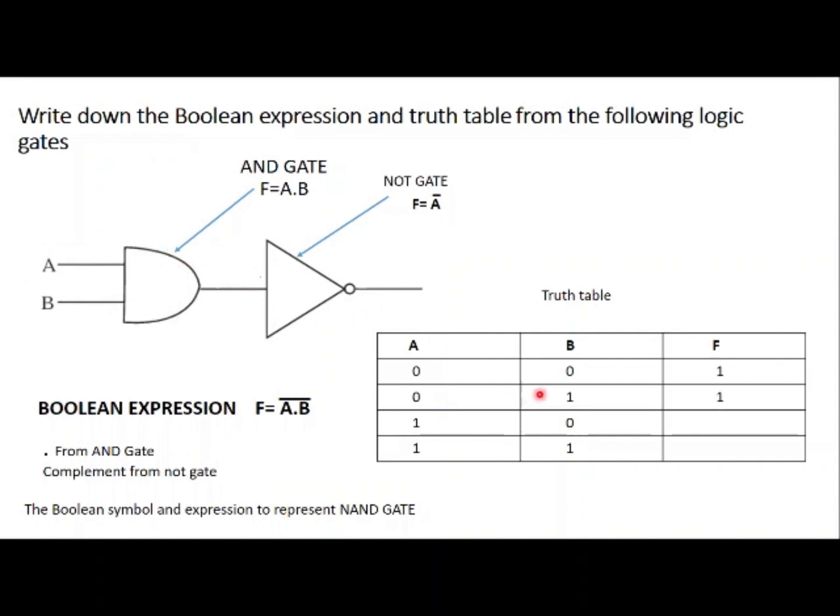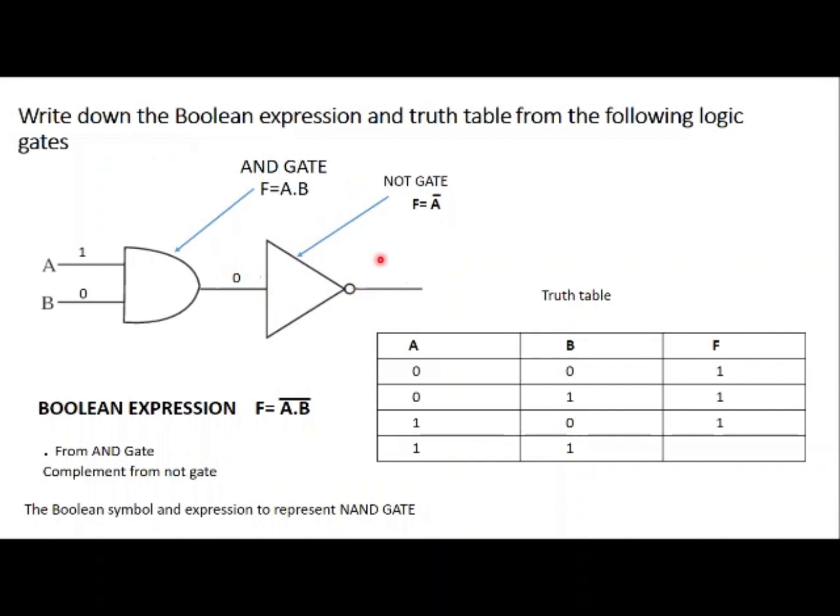And then 0, 1. 0, 1, A dot B, according to that, it would be 0. According to the complement, it would be 1. 0, 1 would be 0. And after it goes through the NOT gate, it would be 1. And then 1, 0. 1, 0 would be 0 according to A dot B, that is the AND gate.